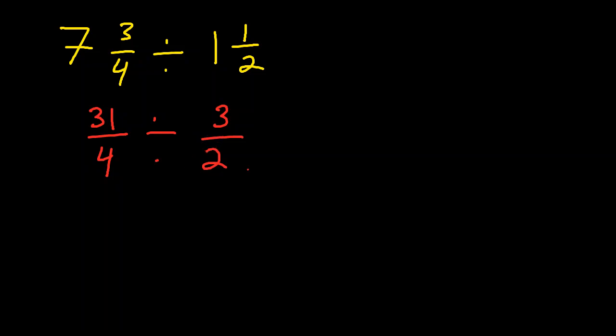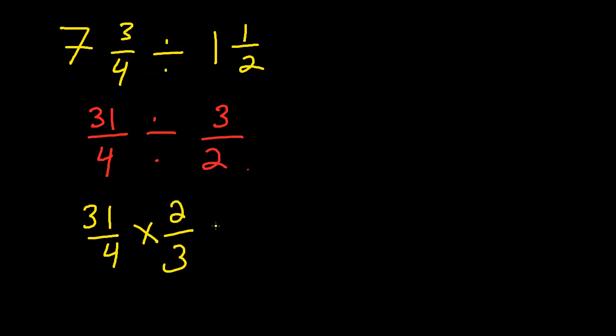What do I mean by that? Okay, so we have 31 over 4 divided by 3 over 2. To find the answer for this, we have to multiply 31 over 4 by 2 over 3. Okay, so we essentially have to change the division problem into a multiplication problem.